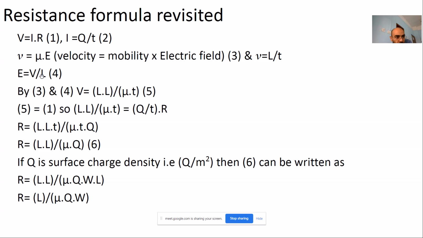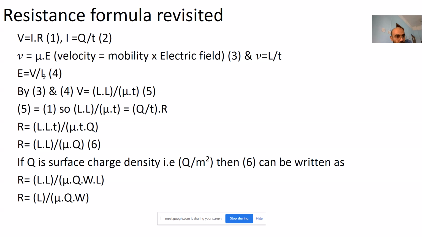Now if you just combine equations 3 and 4 and rewrite, we can write the voltage in terms of these. I have used this Q by T, not in this equation particularly, but in equation 5.